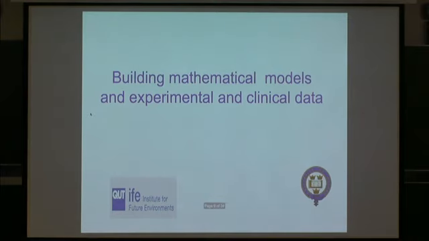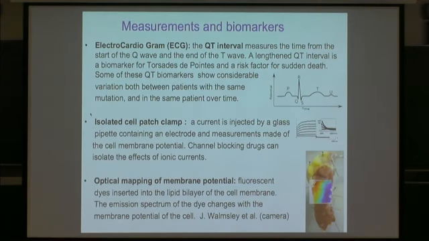So, a little bit about how you build mathematical models, the sorts of data we have. I don't want to go into this too much. There's ECG data, there's isolated patch clamp. So you take a single cell, you clamp it, you inject a current in it, and you can measure the response to the change of the current you inject into the cell. You can do optical mapping, so that the tissue will fluoresce.